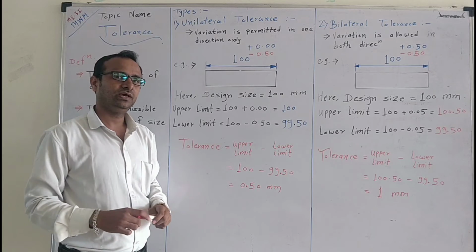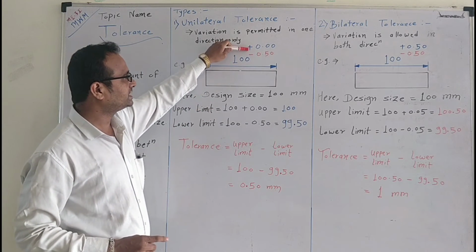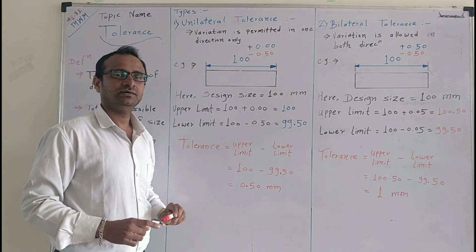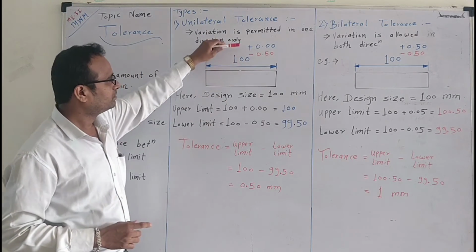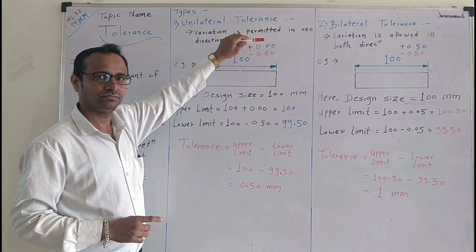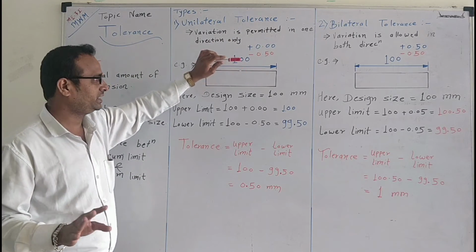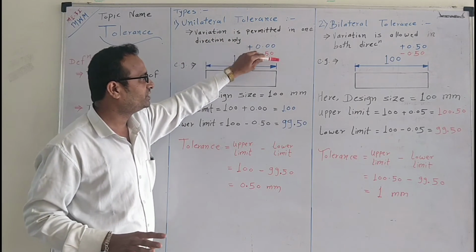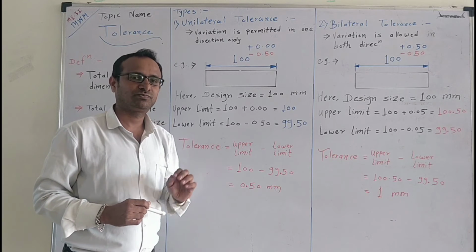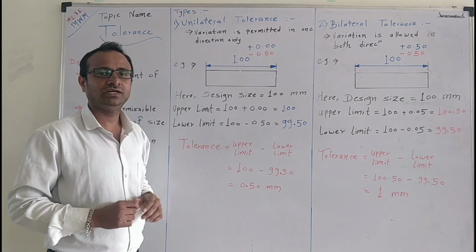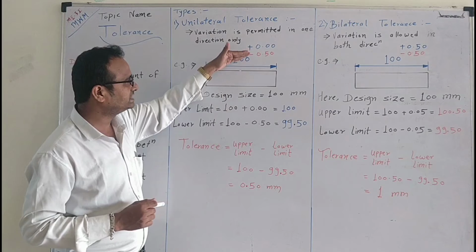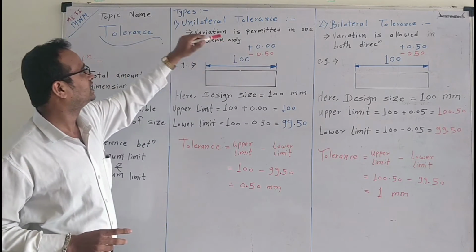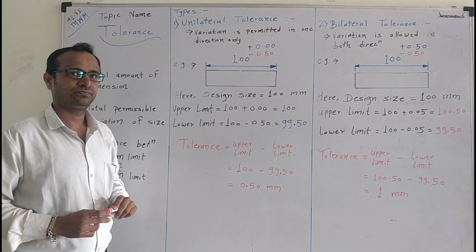If you see carefully, only at one side some value is there and the other side has 0 value. Plus 0.00 has no meaning, we can say it as 0. And minus 0.50 means tolerance of 0.50 is provided at one side only, not both sides. So it is provided at one side, so it is known as unilateral tolerance.